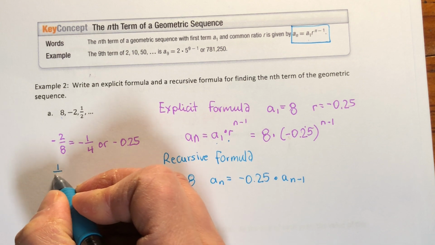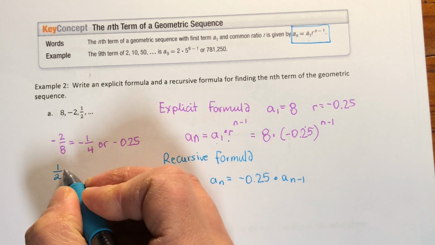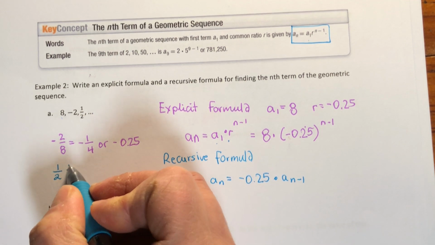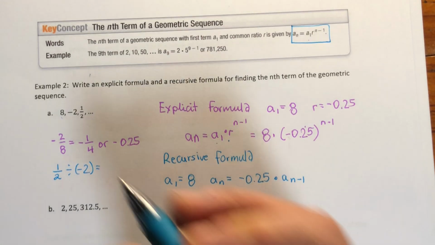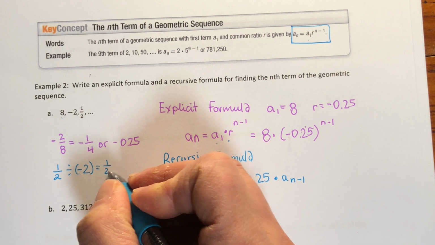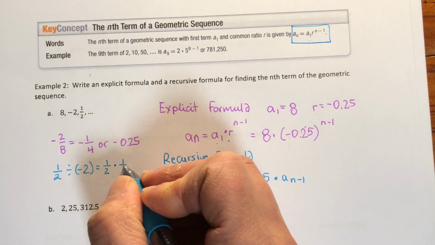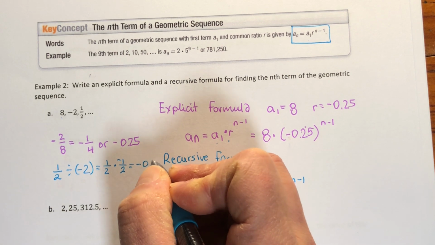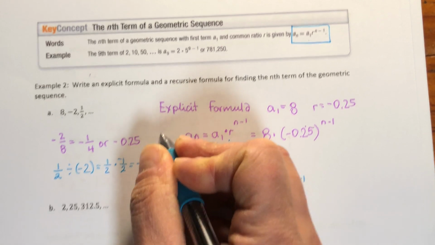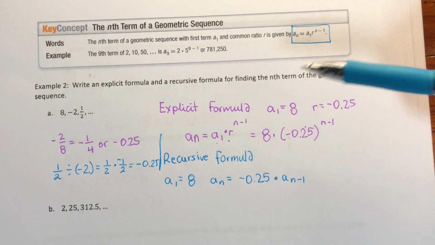And again, something that I didn't do, a very common practice, 1/2 divided by -2, just to make sure that what we are saying is a true statement. 1/2 times 1/2 negative, and that is going to give me -1/4, or -0.25. So here we go.